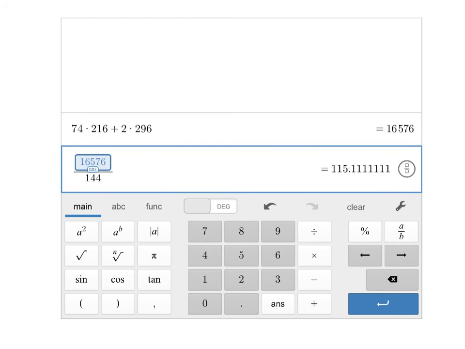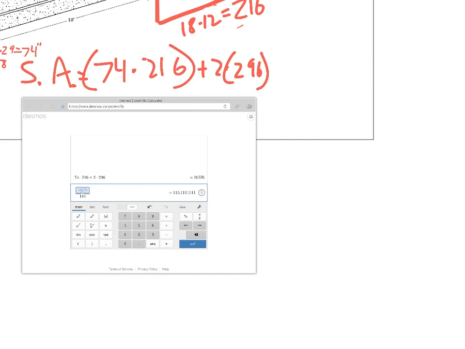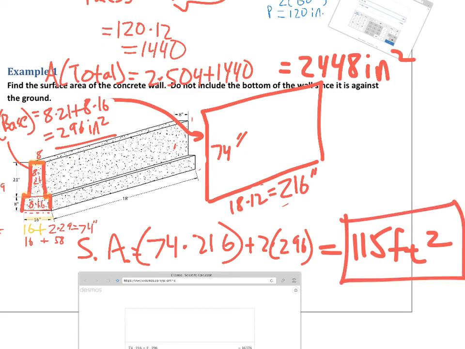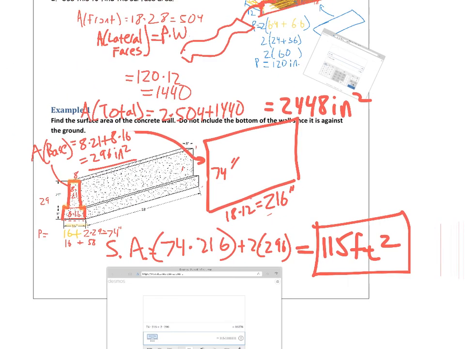So this is 115 square feet. And so we can look at the back of our paint or our sealer and see, does it cover 115 square feet?